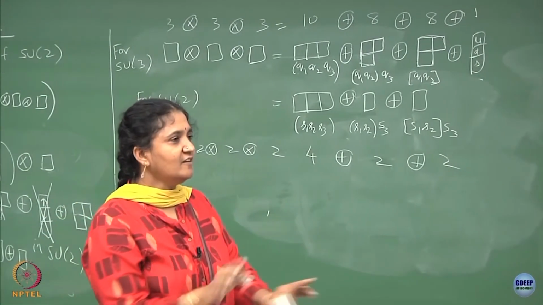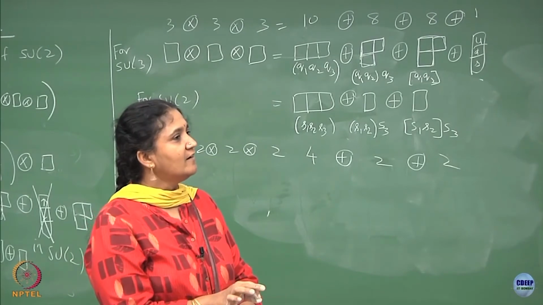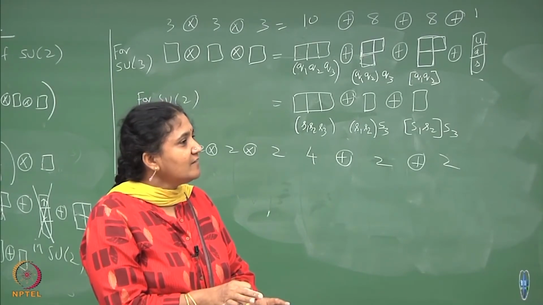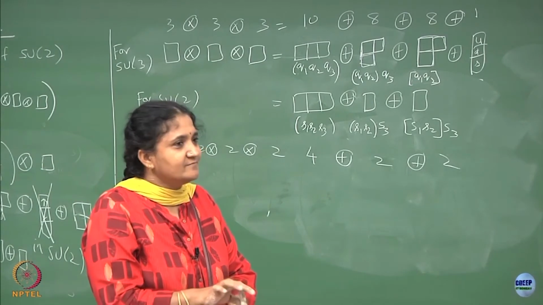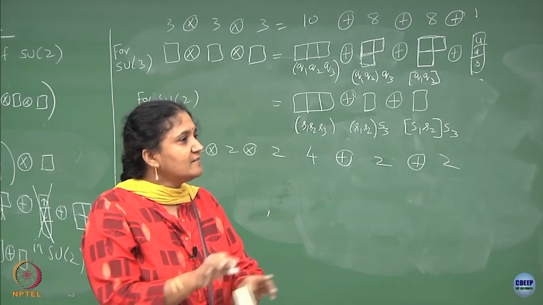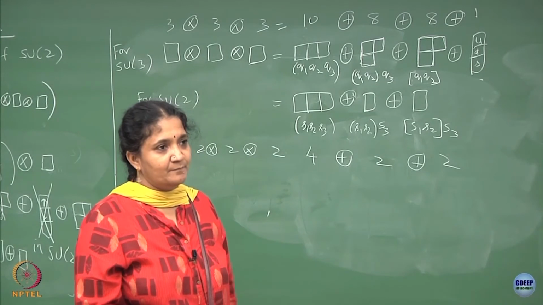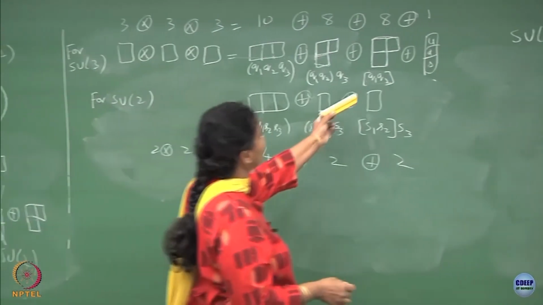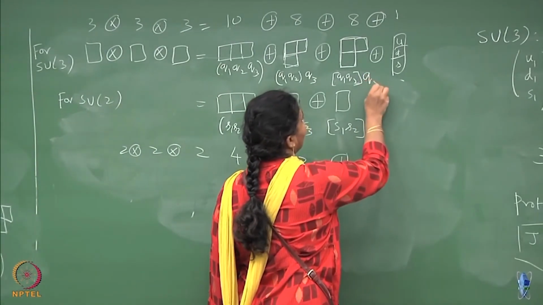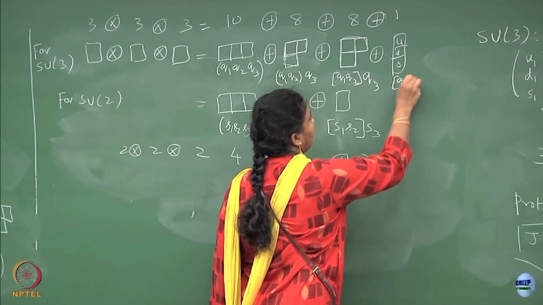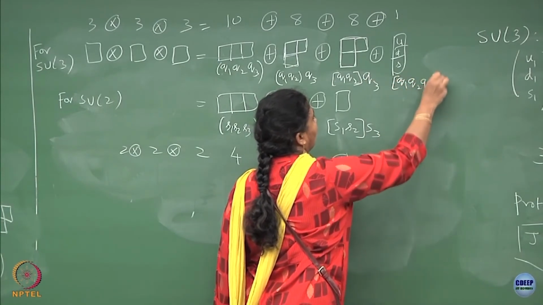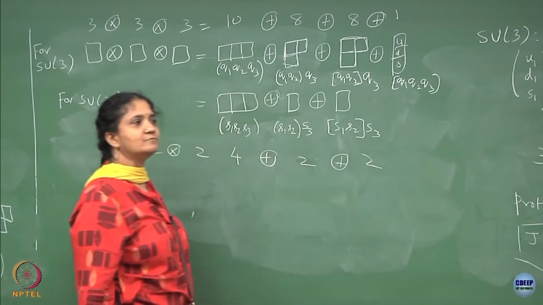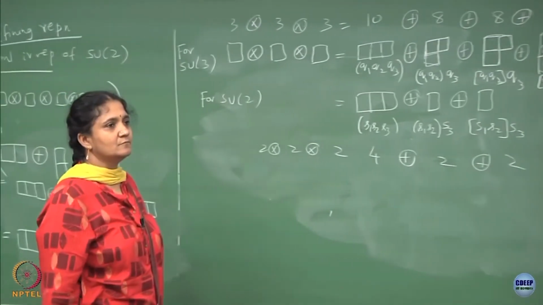If you interchange the two quarks, if it is antisymmetric, the wave function will pick up a negative sign. Symmetric means if you interchange, it will remain the same. So, Q1, Q2 and then Q3. Here all of them are antisymmetric. Clear?